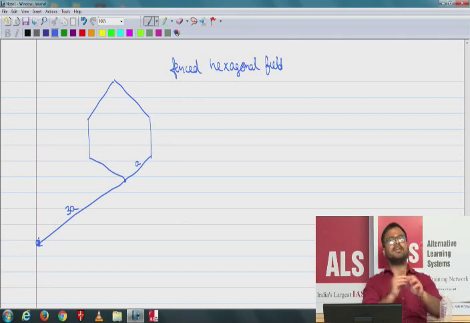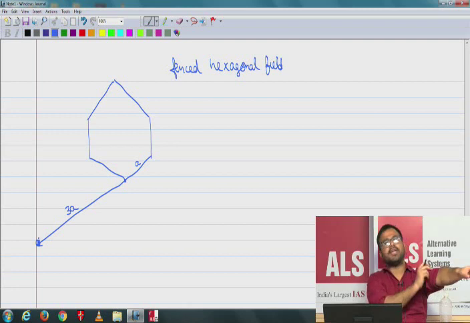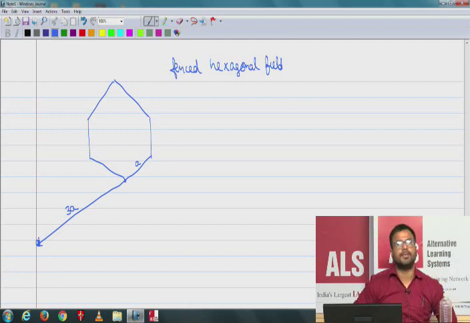And give your answer in terms of pi and a itself. No need to substitute the value for pi. Just calculate the answer in terms of pi and a, which is the side length.